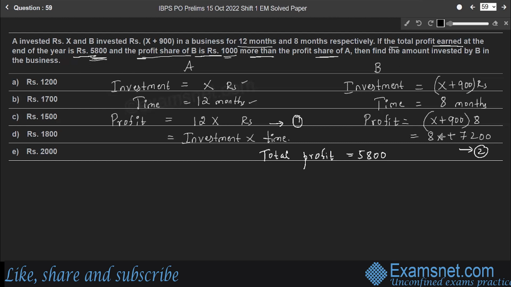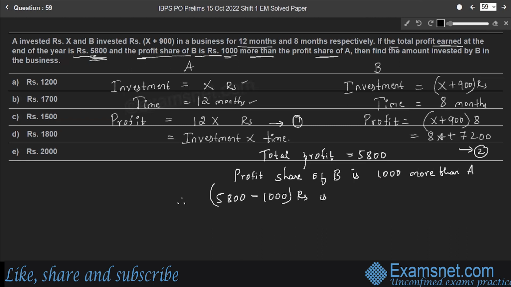Therefore, we can consider that 5,800 minus 1,000 rupees is distributed equally between A and B, since the profit of B is 1,000 more than the profit share of A, right?